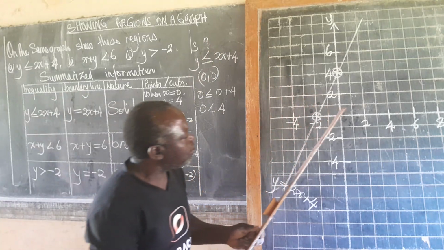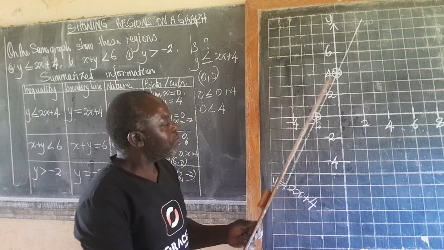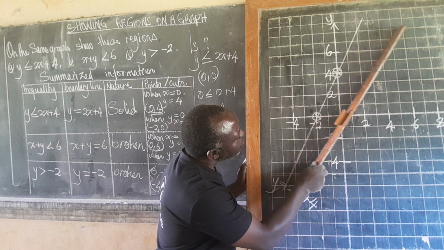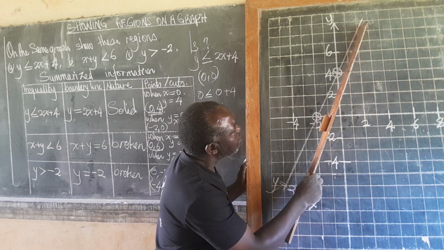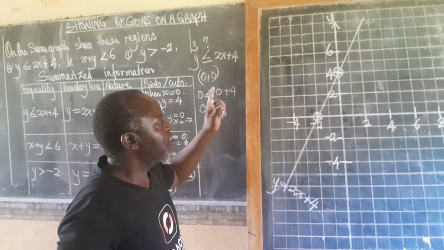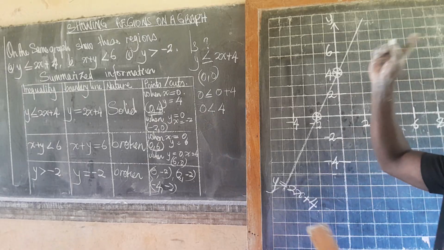Therefore, this means that this test point is acting as a sample. All points lying on this side of the line agree that it is less than that. Therefore, what we have to shade, we shade the upper part.